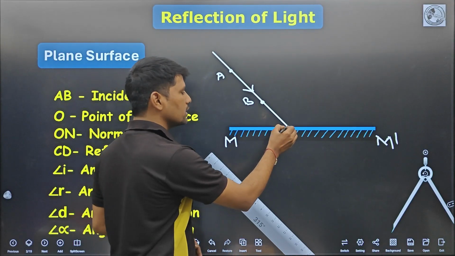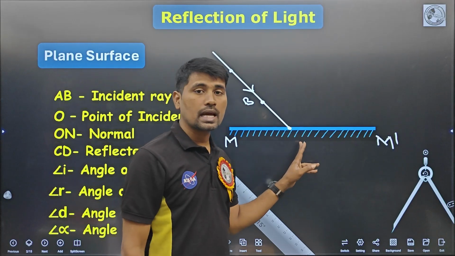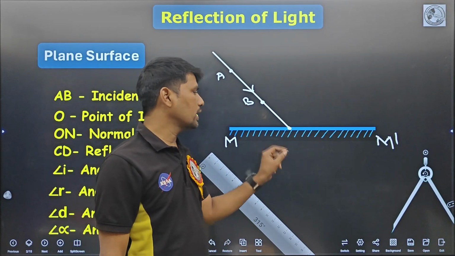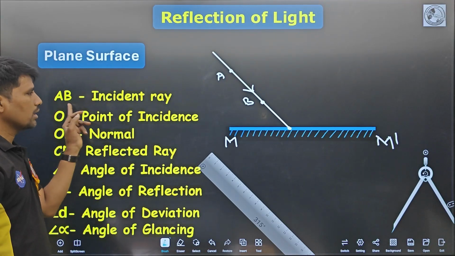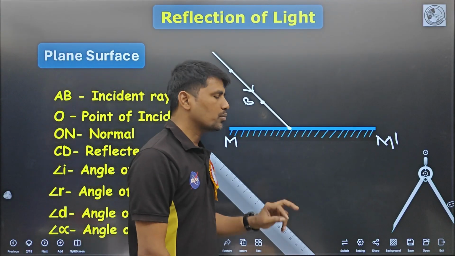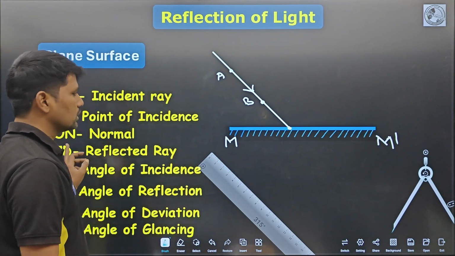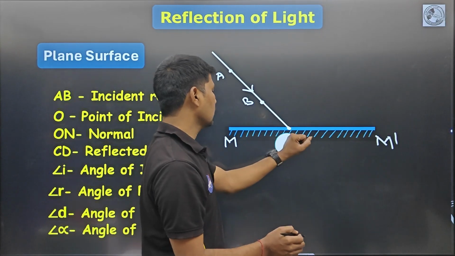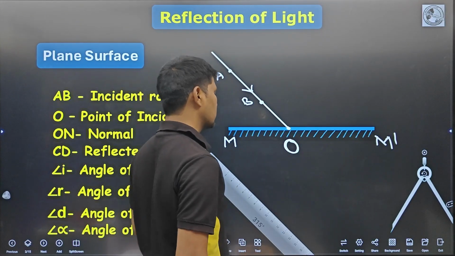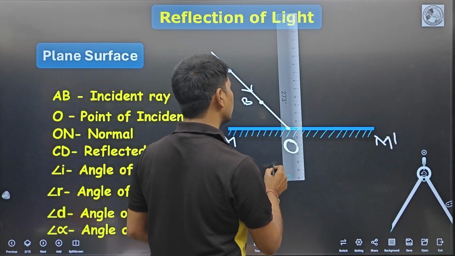The incident ray strikes the plane mirror at a certain point. That point we call the point of incidence. I am taking the point of incidence as O.